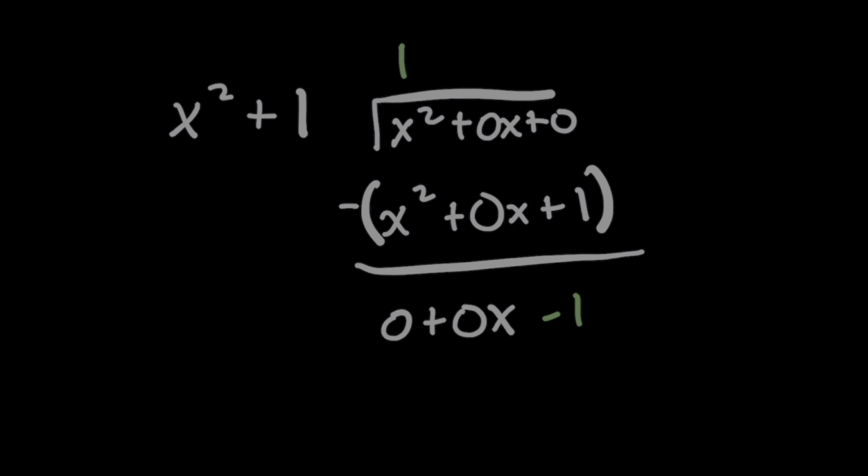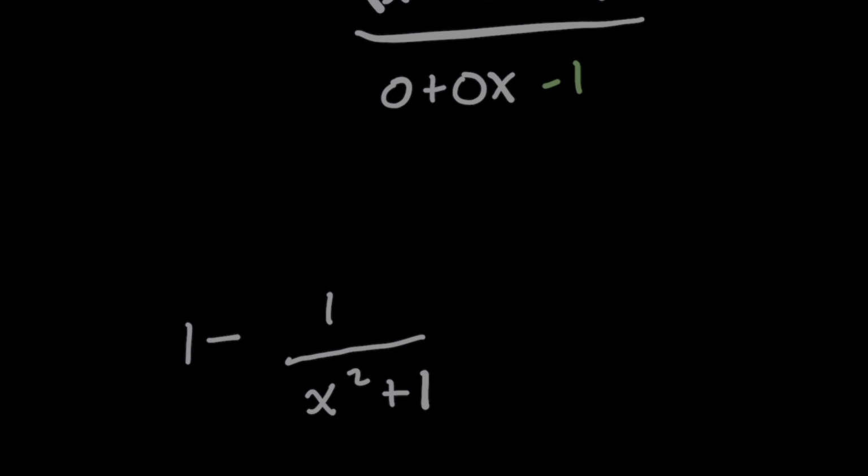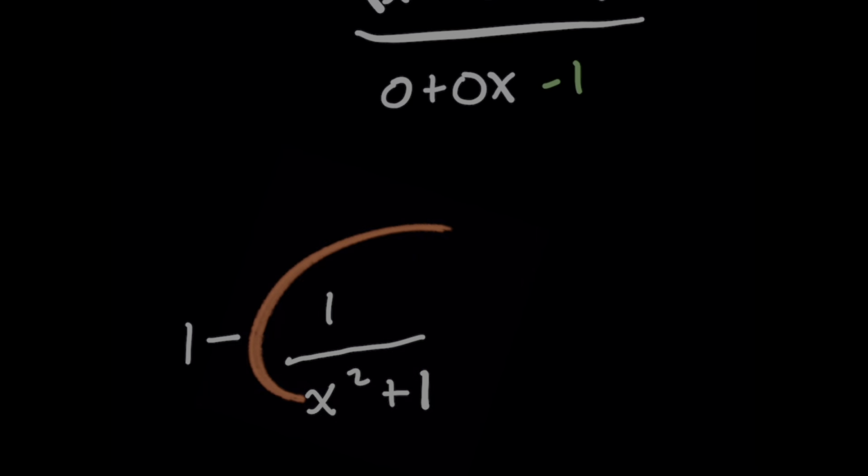And so the final way of reducing that fraction turns out to be the quotient, 1, minus the remainder, which is this minus 1, all over the original thing we were dividing by.